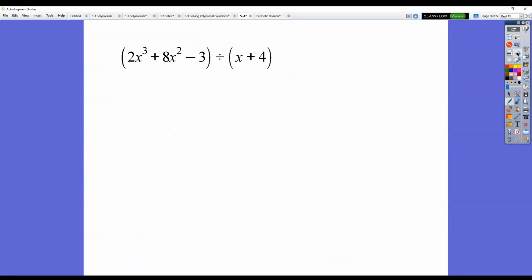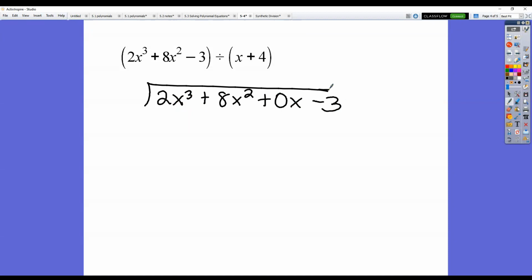Okay, hopefully the next one has a remainder, so you know what you're doing. Oh, it does. I think this one does. And we're missing a term. So here's what you do when you're missing a term. You are missing an x term, so you just put a 0 in place there. Then 2x cubed divided by x is 2x squared. So we put 2x squared here.